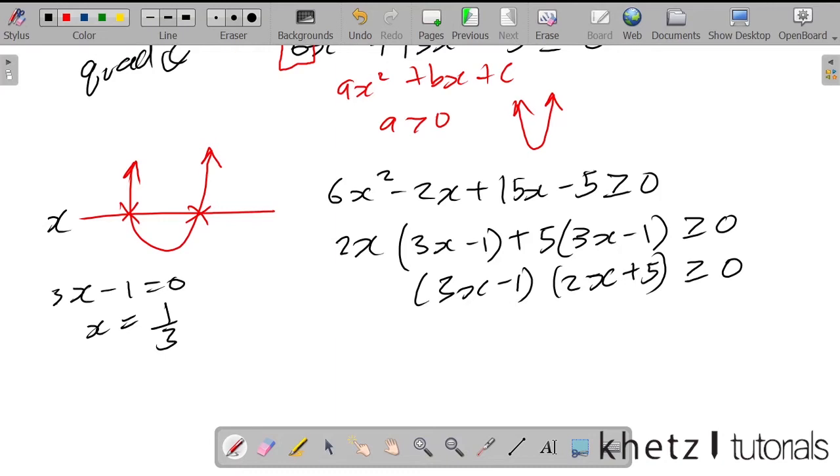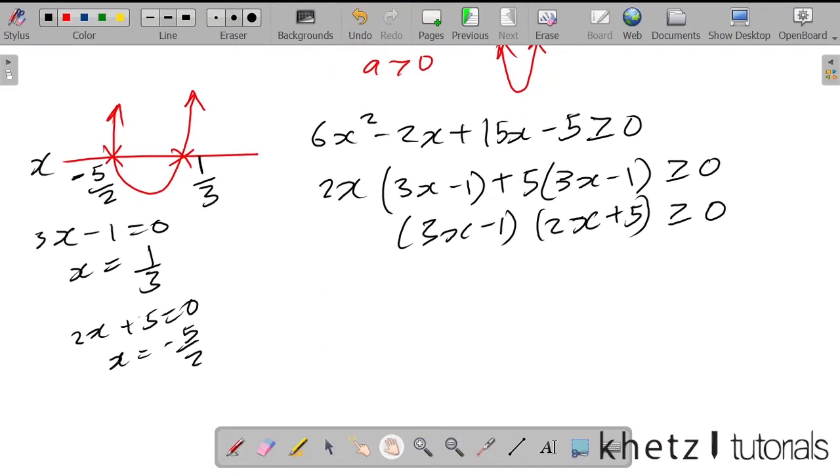And the other part is 2x plus 5 equals 0, which would be negative 5 over 2, which is negative. So that part will be on this side, which is negative 5 over 2, and this part will be on this side. So the roots, or the x values from this point, give you where the graph crosses the x-axis.